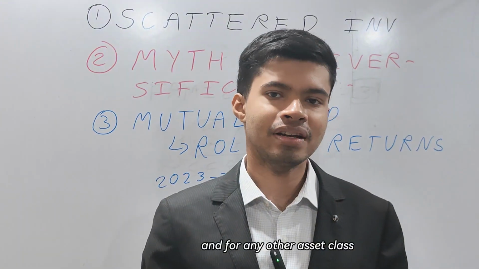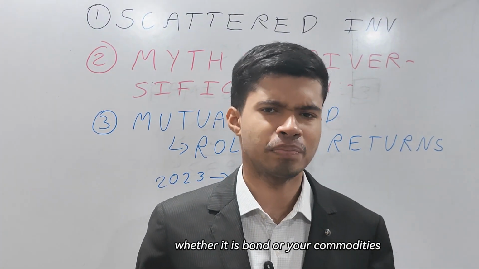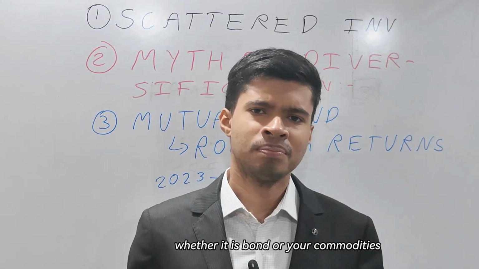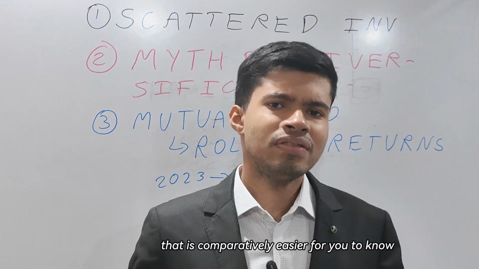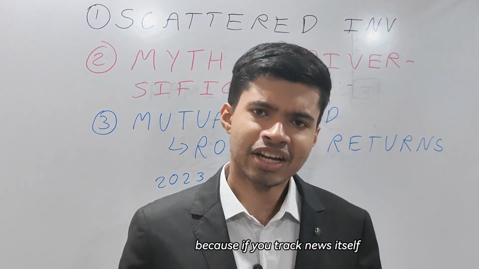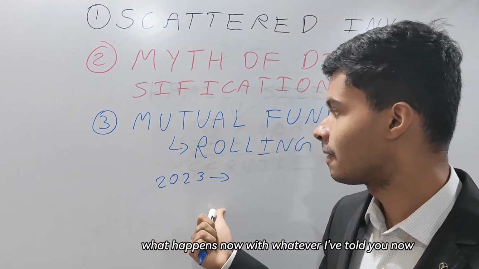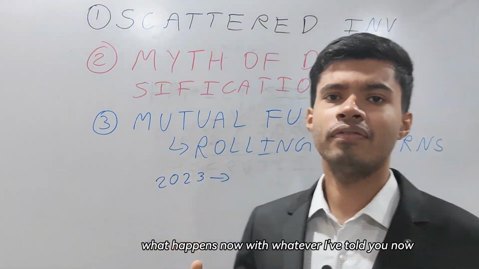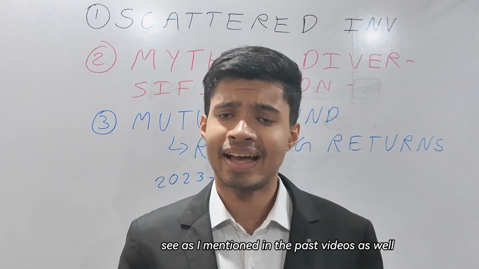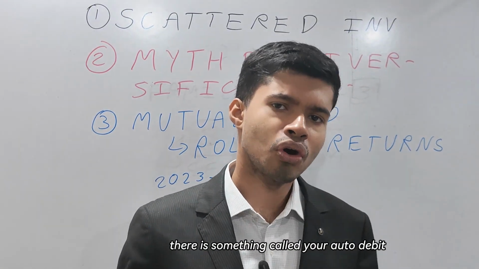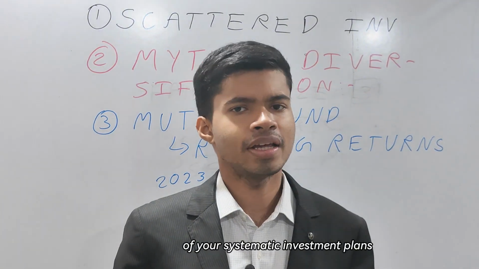And for any other asset class, whether it is bonds or commodities, it is comparatively easier for you to know, because if you track news itself, you can understand all of that. So with whatever I have told you now, as I mentioned in the past videos as well, there is something called auto debit of your systematic investment plans.